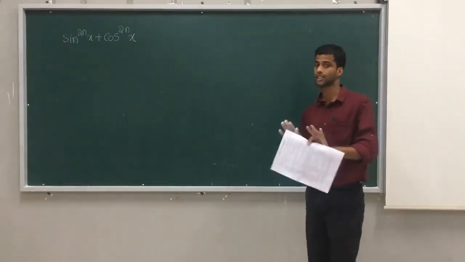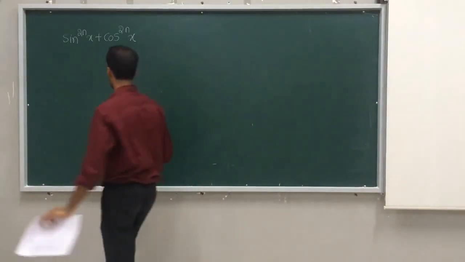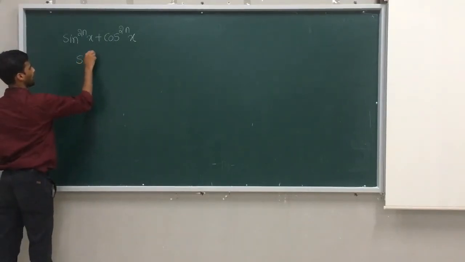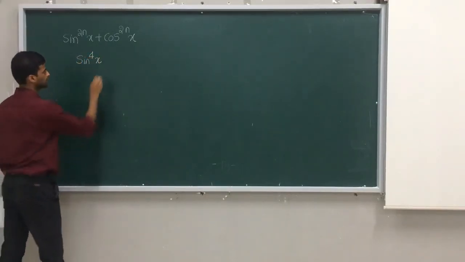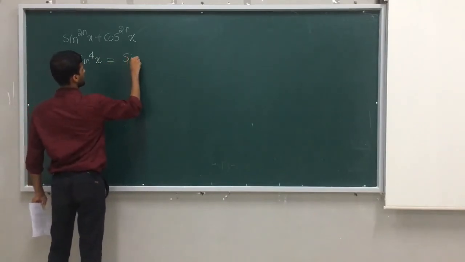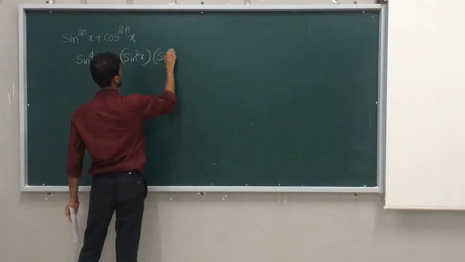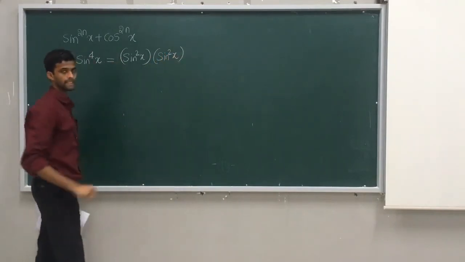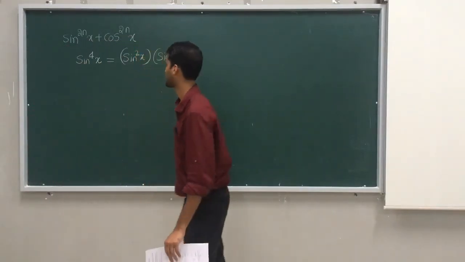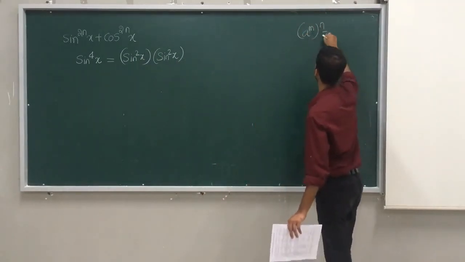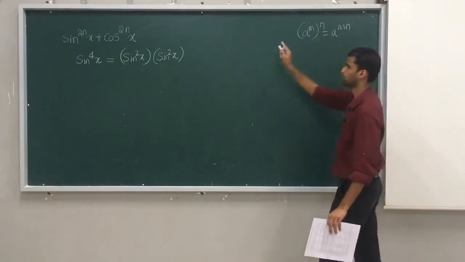One of the interesting observations I want to tell you is that sin raised to 4x can be written as sin square x into sin square x. Do you agree? Because it is sin square x the whole square, which looks like a power m whole raised to n, so it is a power m into n.